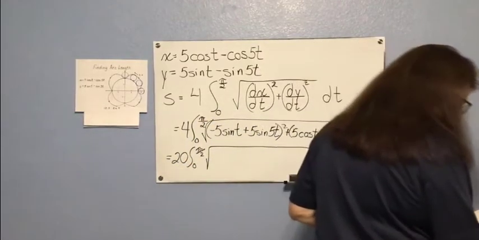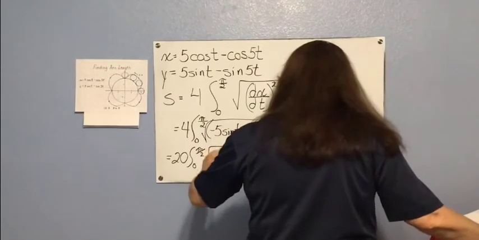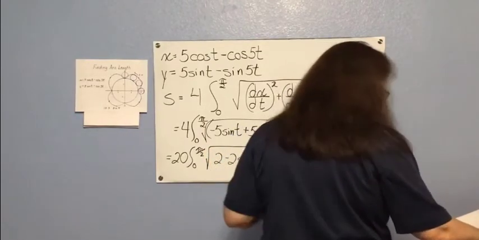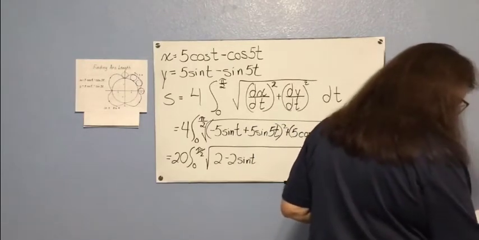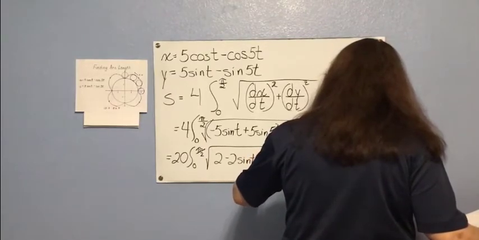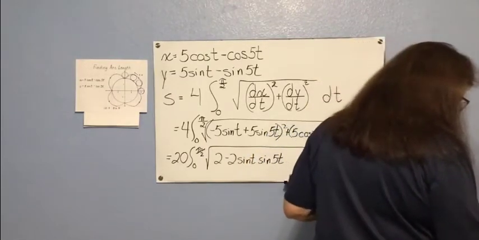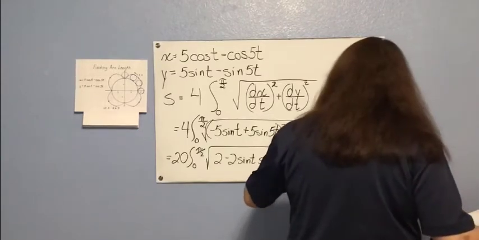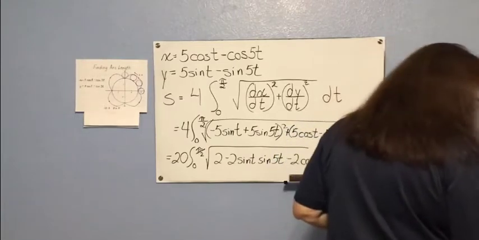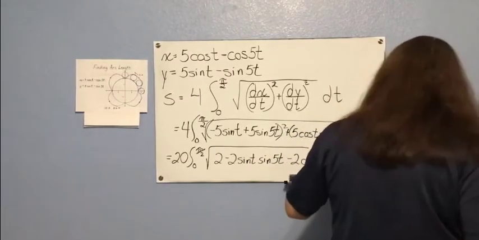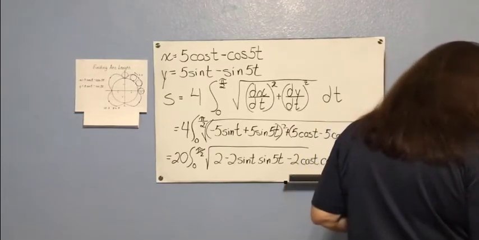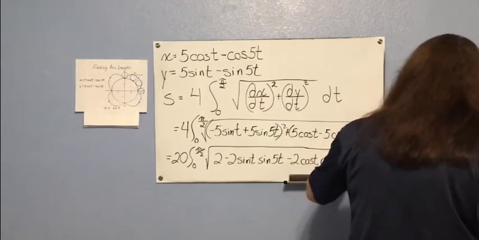And still inside the square root, I've got 2 minus 2 sine t sine 5t minus 2 cosine t cosine 5t dt.